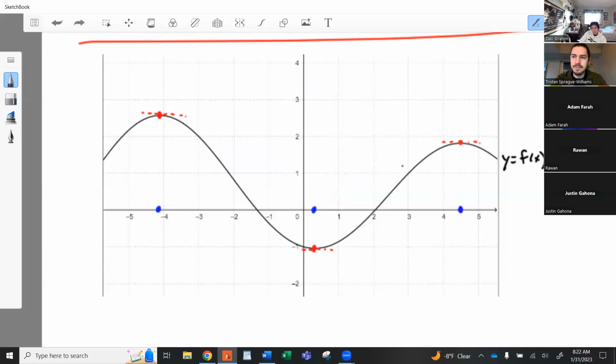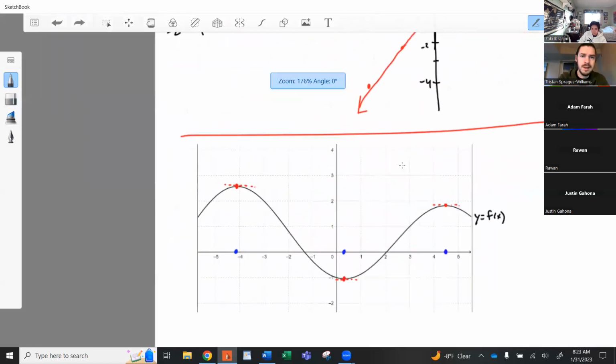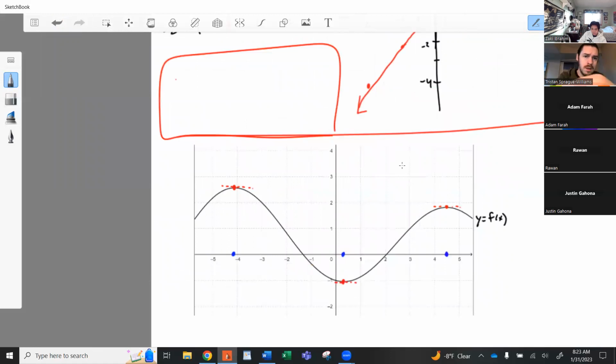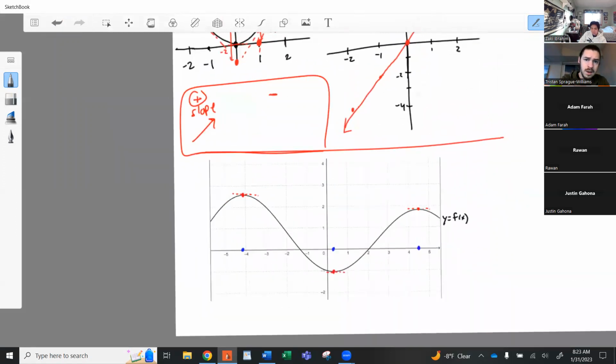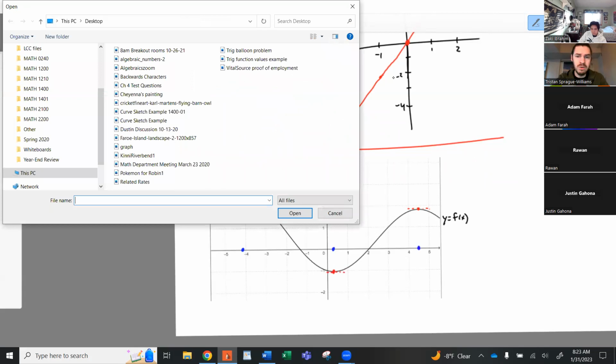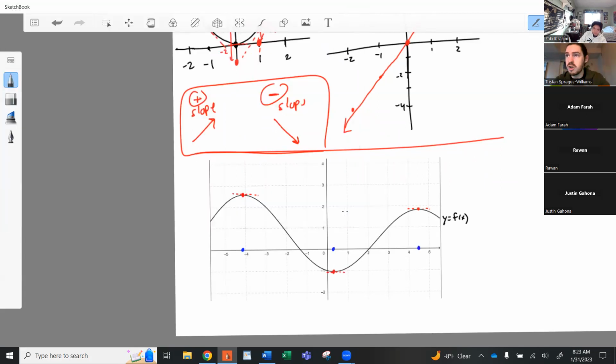Here's how you figure it out. You guys remember the difference between positive slopes and negative slopes? If you go from left to right, positive slope goes up and negative slope goes down. Okay, in general, the direction of the graph is going to be the direction of the slopes.